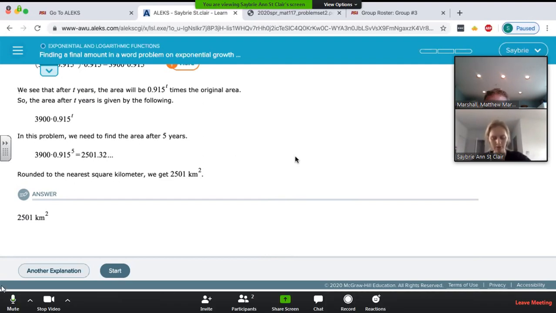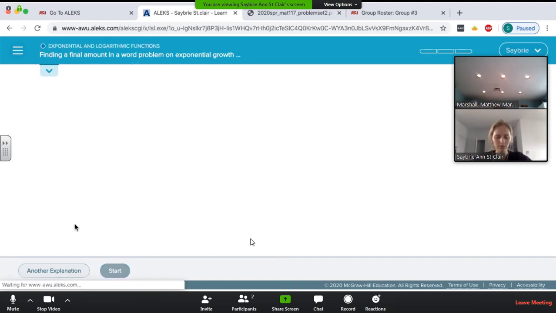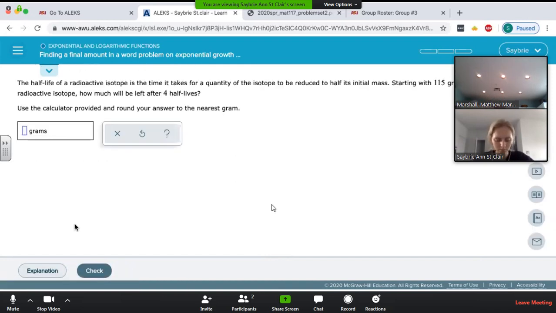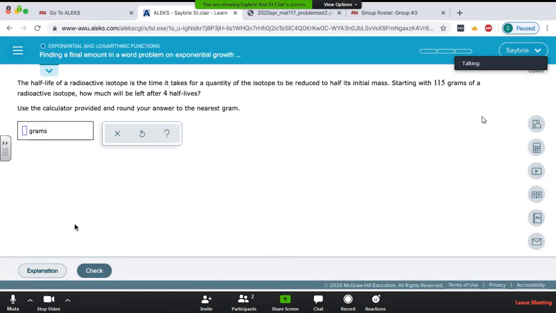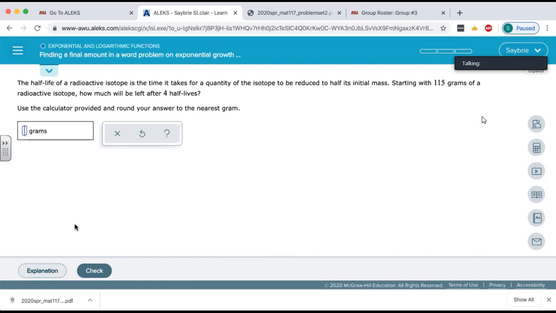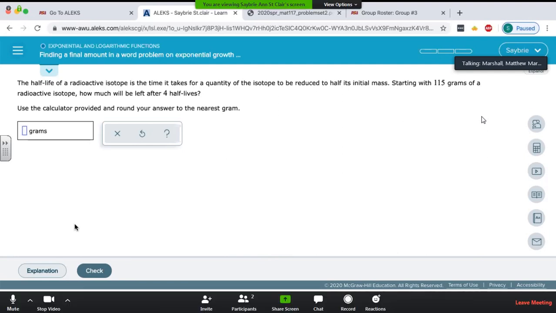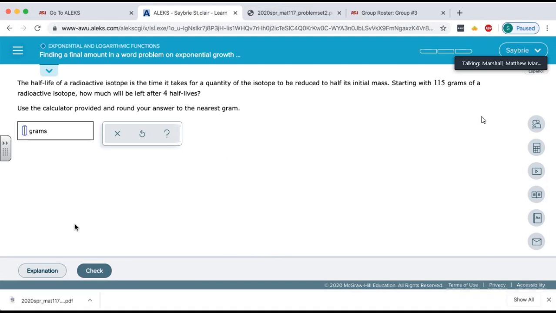All right, these are pretty easy. All right, so it looks like 115 grams. How much after 4 half-lives? Sorry, that's still confusing.